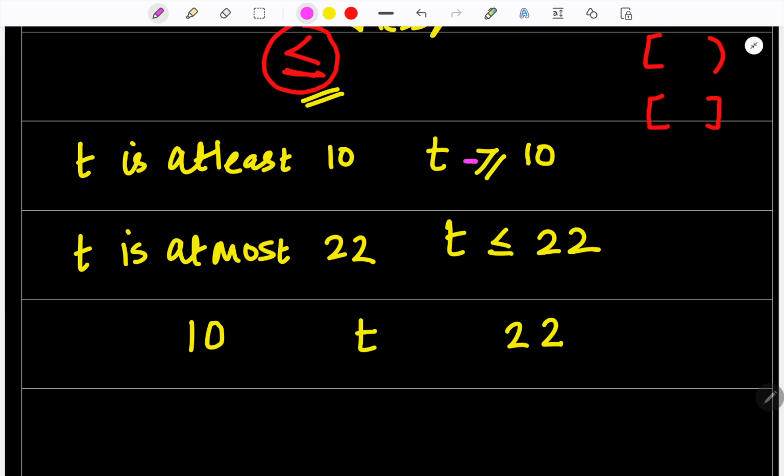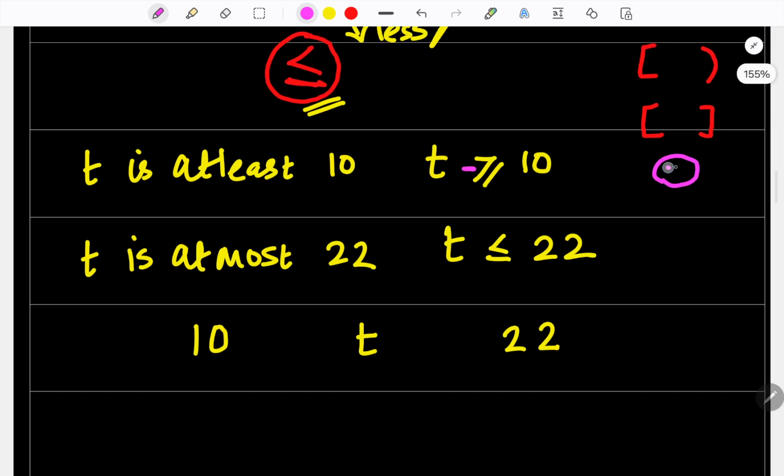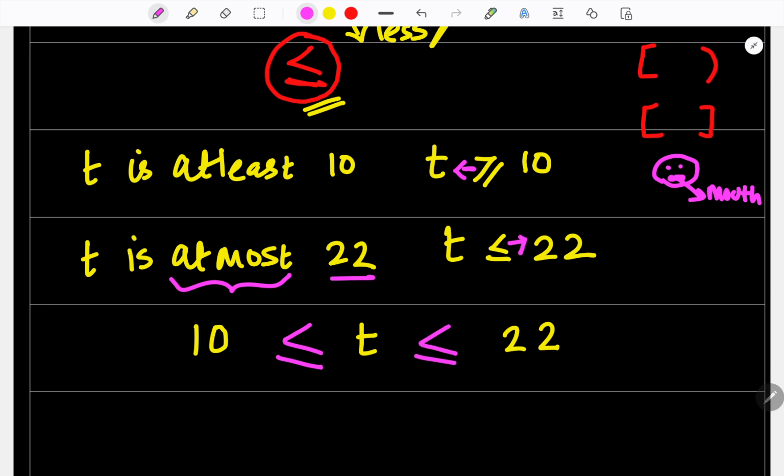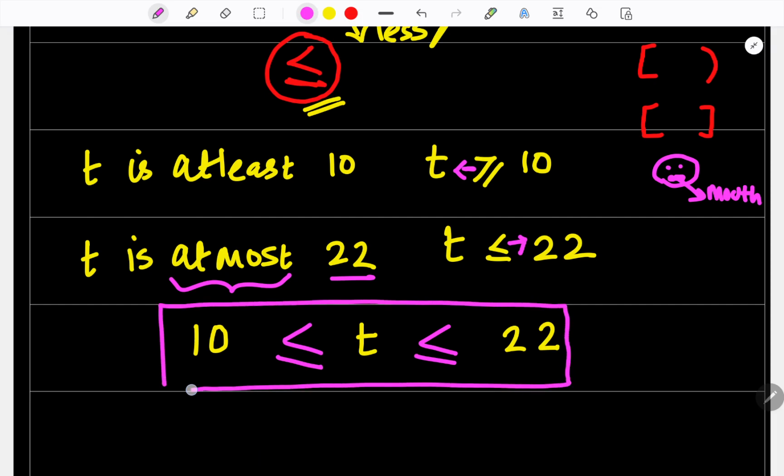You can say the mouth is open, like the human body, this is the mouth. The mouth is open towards what? T. Look here, when I say at most 22, the mouth is open to 22. So let me open the mouth to 22. So this is called inequality notation. This is called what?